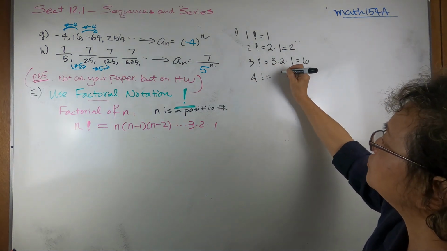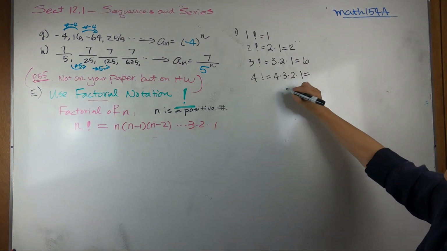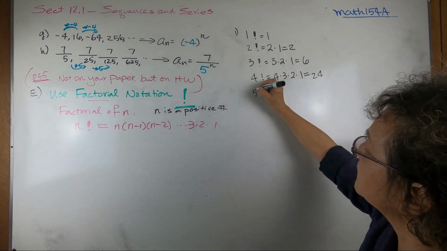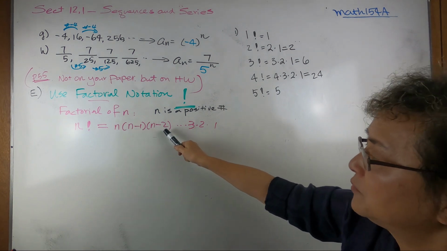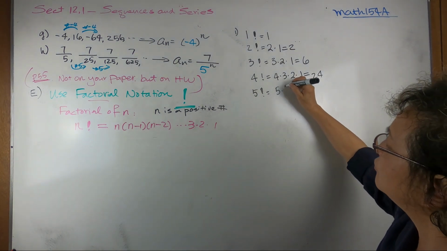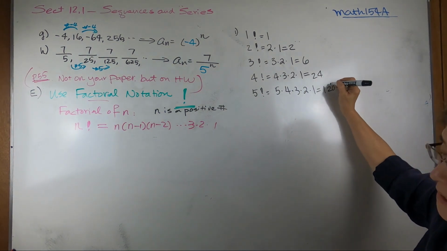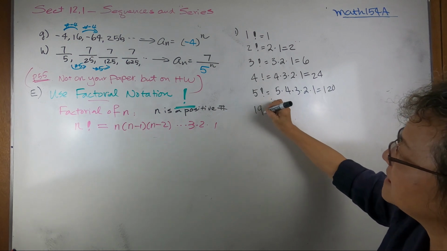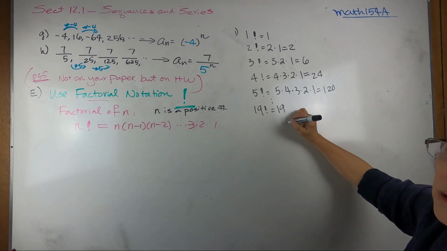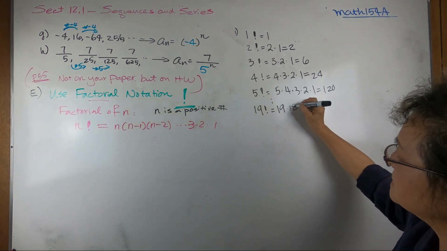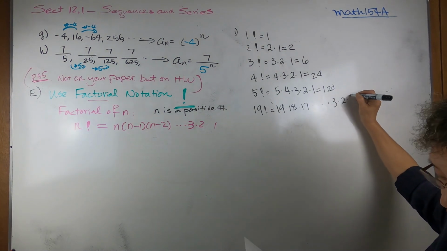4 factorial would be 4 times 3 times 2 times 1. You just multiply them out, right? 5 factorial would be what? Start from 5, then reduce by 1 until you hit 1: 5, 4, 3, 2, 1. That will be 120, right? What about 19 factorial? It means you need to multiply 19 by 18, 17, all the way to 3, 2, 1.